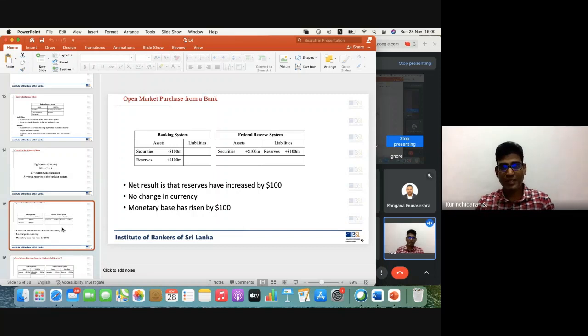If the central bank maintains very little money, you will have deflation. So you should be able to maintain money at the right level to maintain price stability.